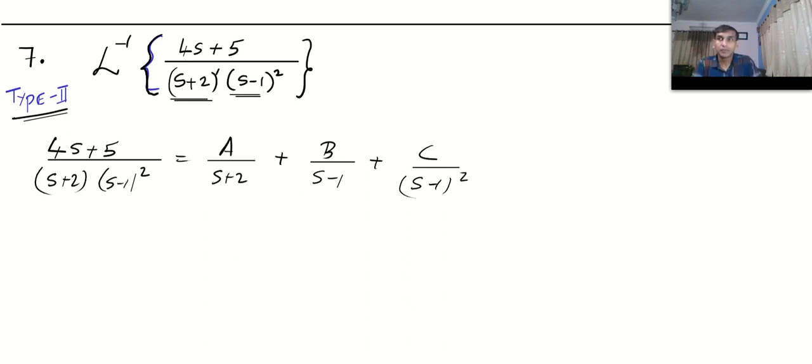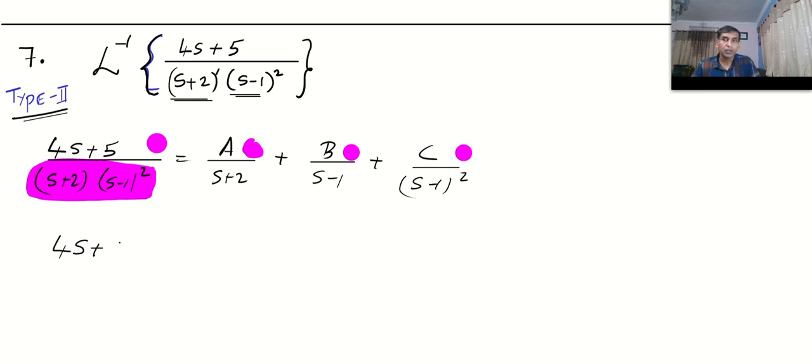Now, the actual decomposition method goes like this. You have to multiply throughout by that factor. So tell me what happens if you multiply numerator and denominator with the same quantity.